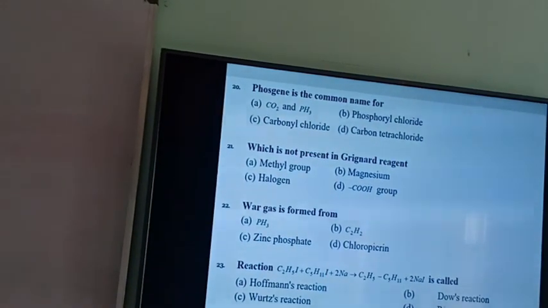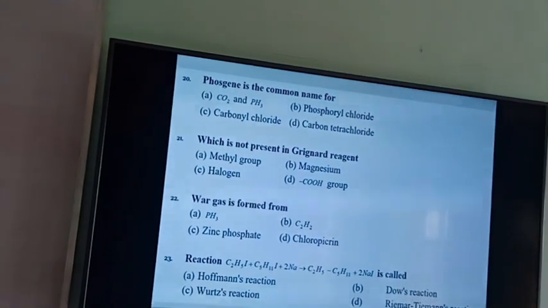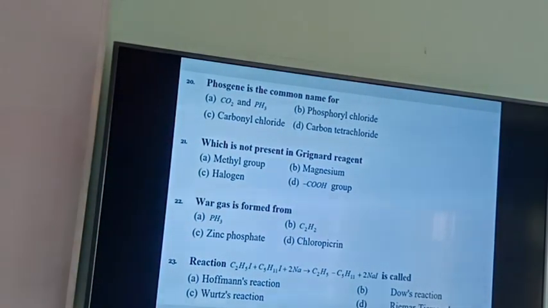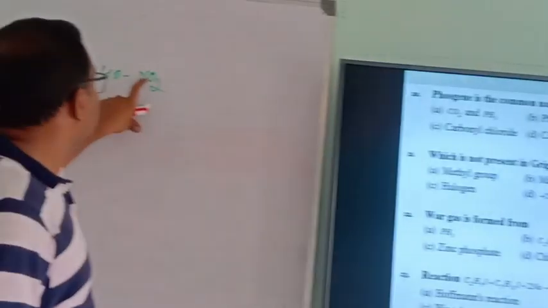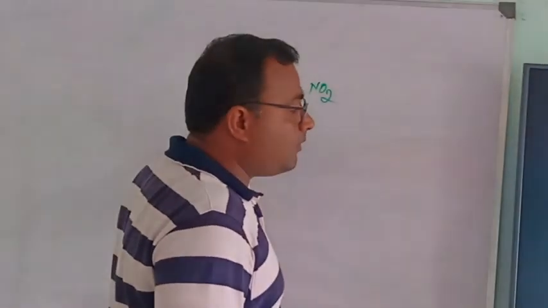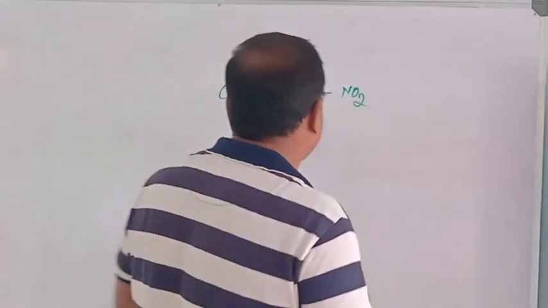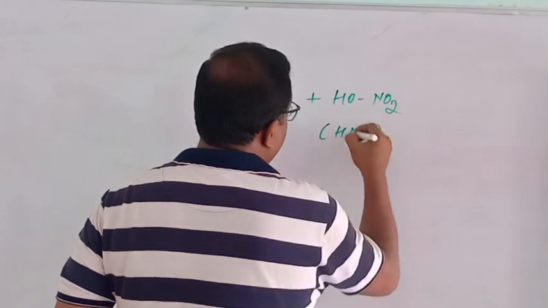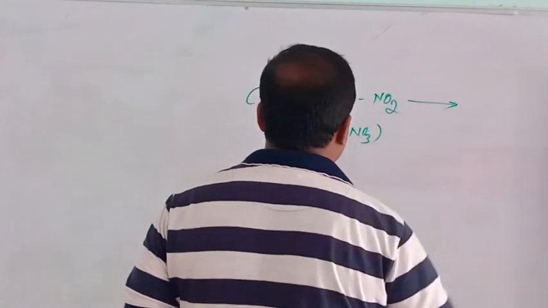When chloroform reacts with HONO2, that is nitric acid, HNO3, a compound is formed.